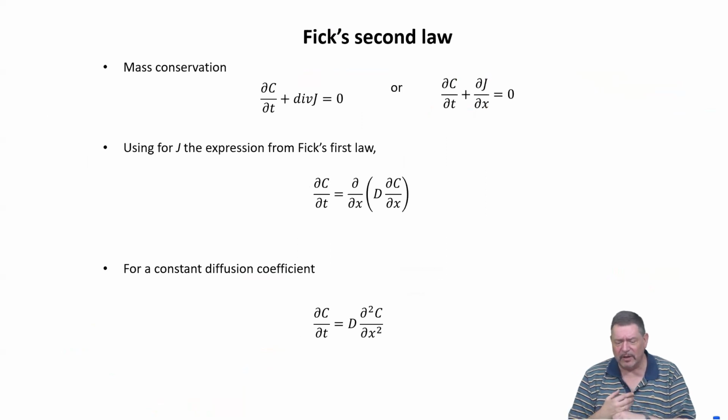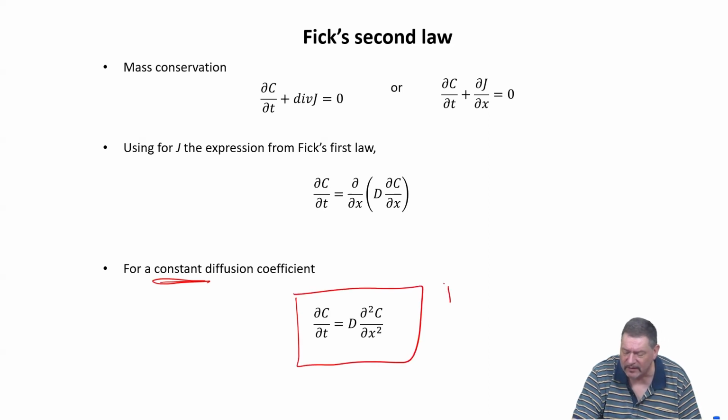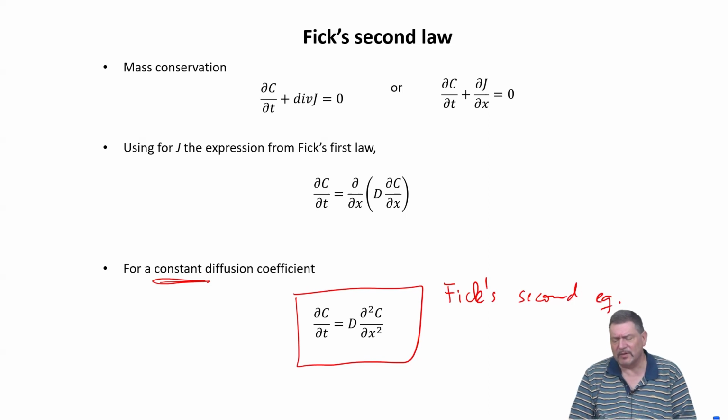We plug them in, and then for a constant diffusion coefficient, we get Fick's second equation. I don't like to call them law because they are just equations. Important for constant diffusion coefficient.